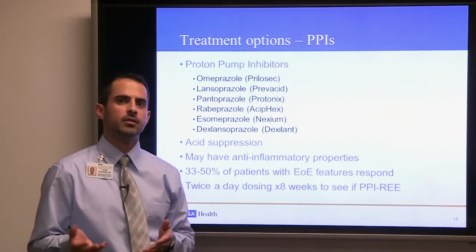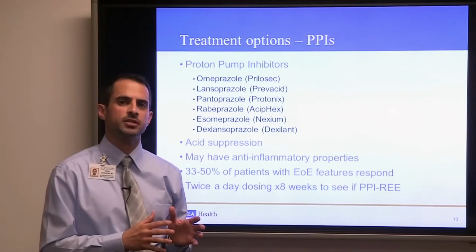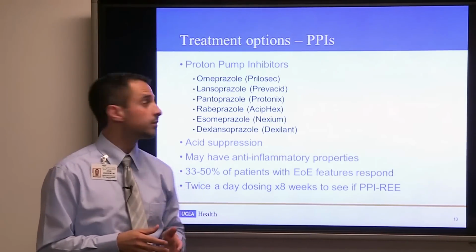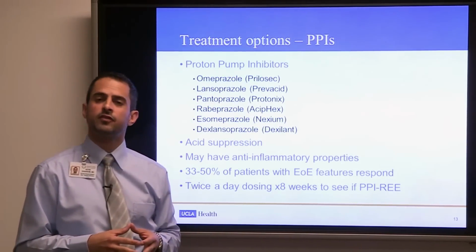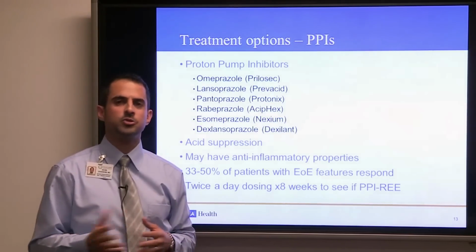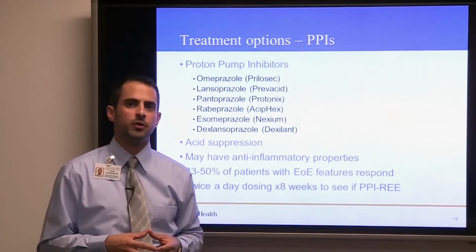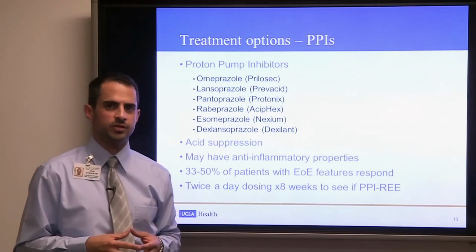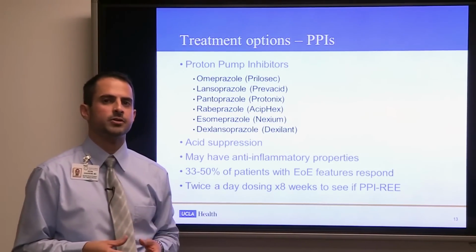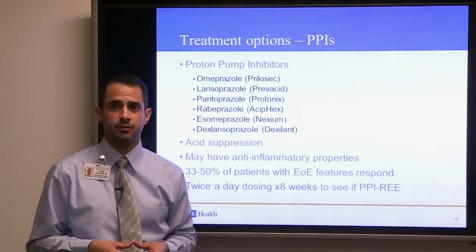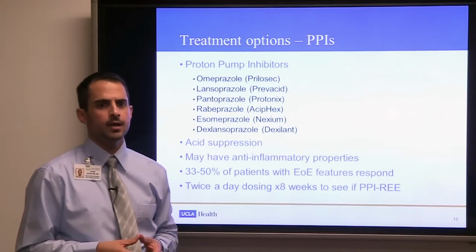Yet when the tissue apart from the stomach was treated with something like omeprazole, the inflammation actually got better. So there was no stomach acid involved, and yet the inflammation went away, suggesting that these proton pump inhibitors may have anti-inflammatory properties in addition to their acid suppression capabilities.